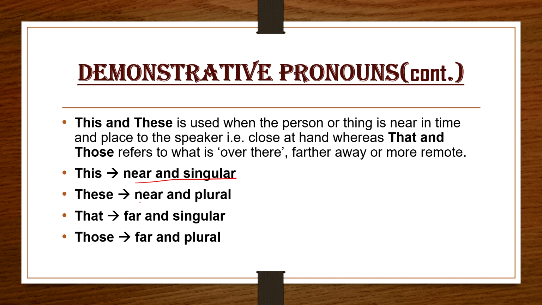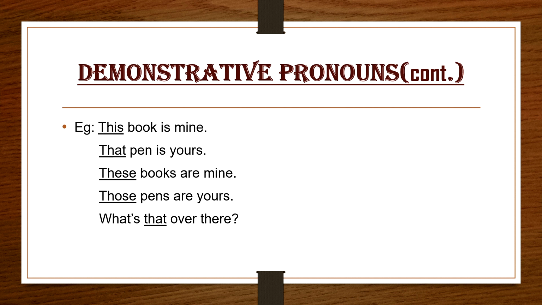These is used for near and plural, that is used for far and singular, and those is used for far and plural. So, keep this in mind. Now, for example, this book is mine, that pen is yours, these books are mine, those pens are yours, what's that over there?